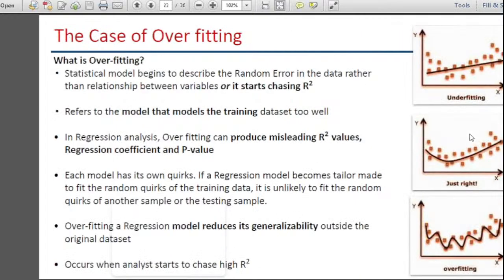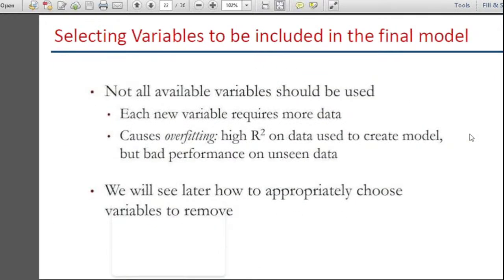Okay, going to next. Now, as I said, not all variables can be used, right? Some of them do not go well in the model, and you will also see that even the p-value is indicating that there is no correlation.